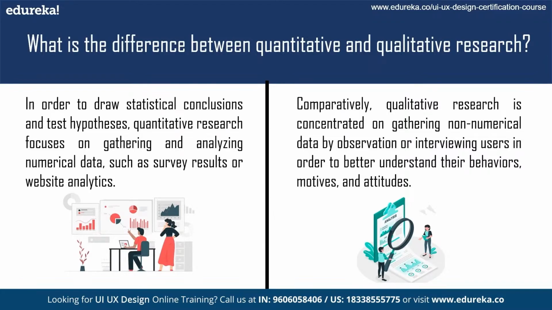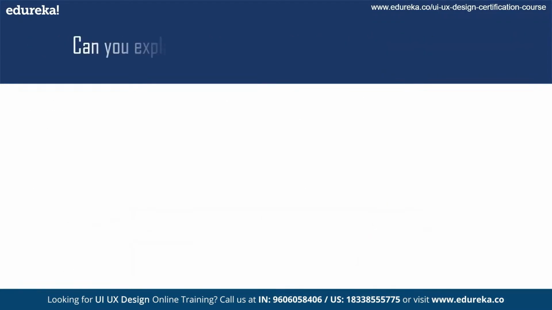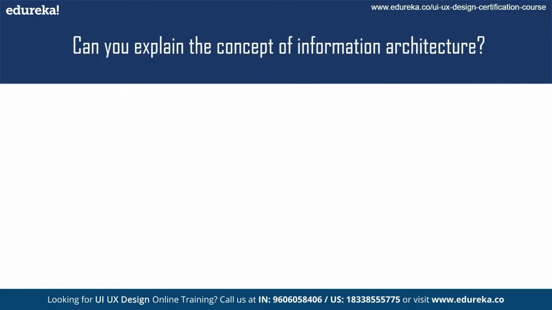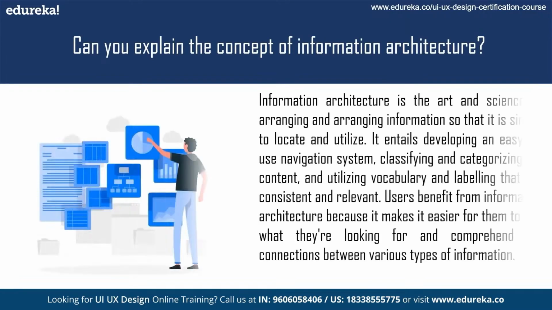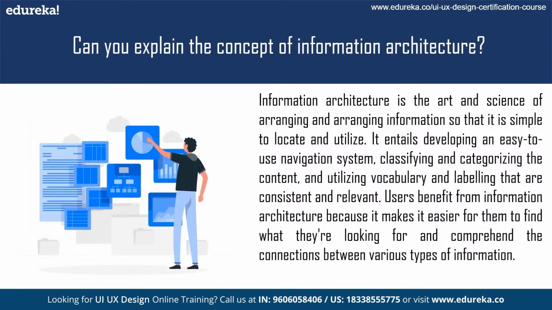Now let us see one of the questions that is being asked in the intermediate level kind of questions. So can you explain the concept of information architecture? In this kind of question, you can answer it like, information architecture is the practice of organizing and structuring the information in a way that makes it easy to find and use.